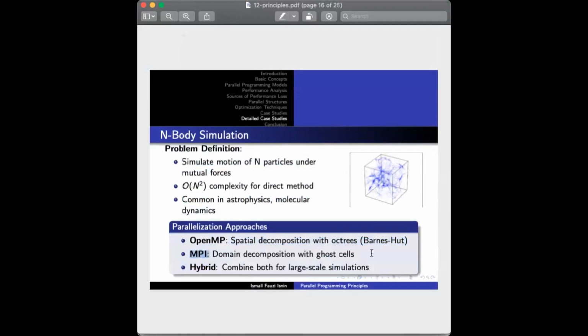And our hybrid approach combines both to execute massive, multi-million particle simulations across a large cluster architecture. Try to imagine that.